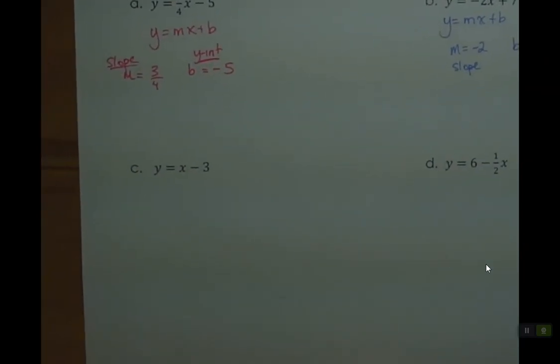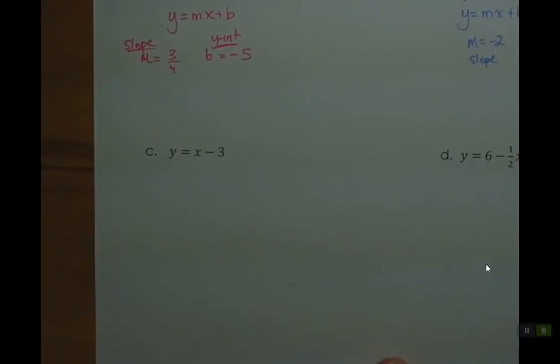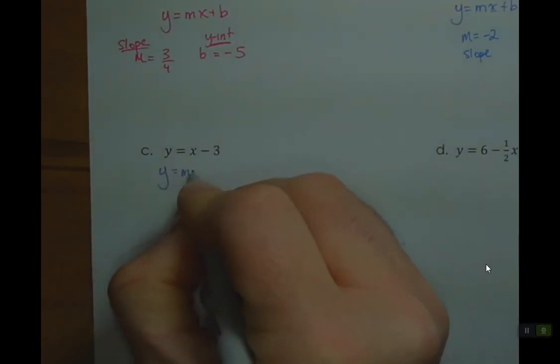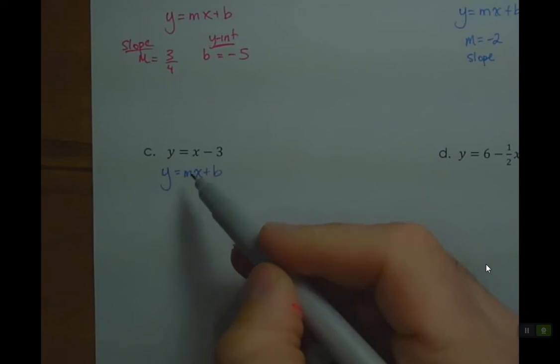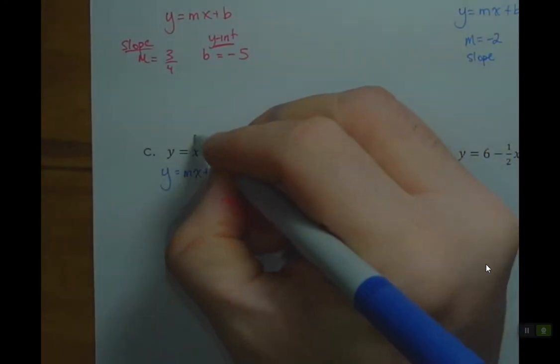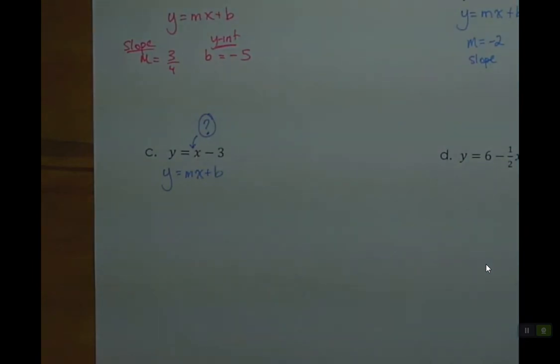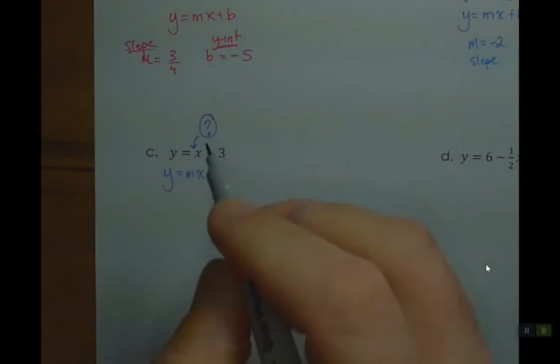Well, if I look at C, it gets a little crazier. Now, if I write down y equals mx plus b, I don't know what goes in front of that. But if you remember seeing some of those posters at the front of the room, that represents 1x.